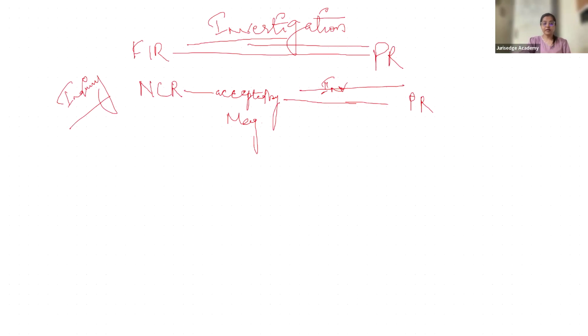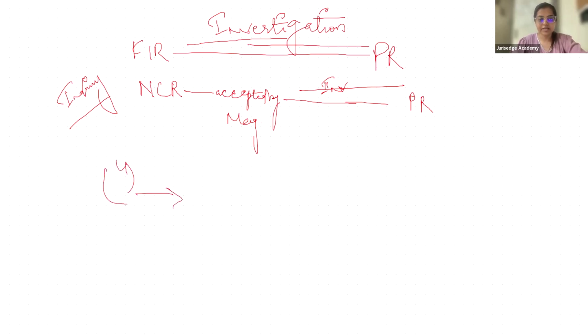Yesterday we covered NCR, non-cognizable report, and the procedure thereof. A non-cognizable report has to be submitted before the magistrate for permission, and then the investigation is directed by the magistrate. And then the last clause: I'm going to explain clause 4, no need to remember the section.